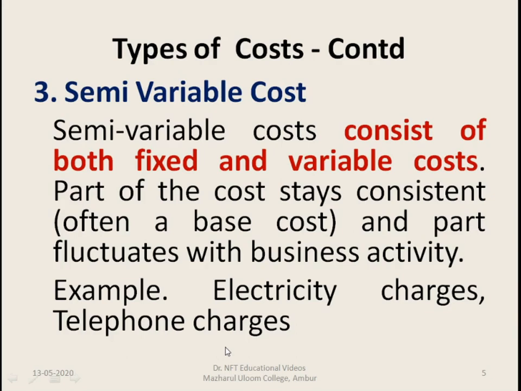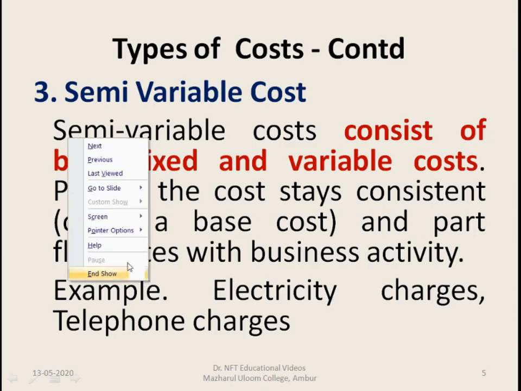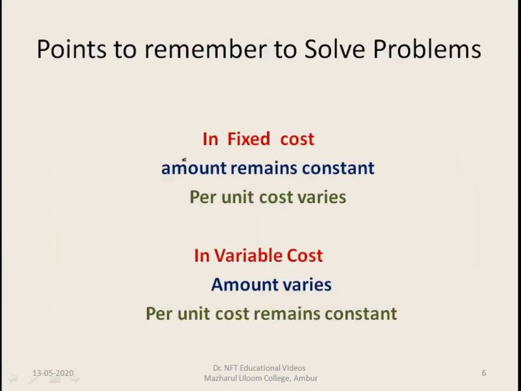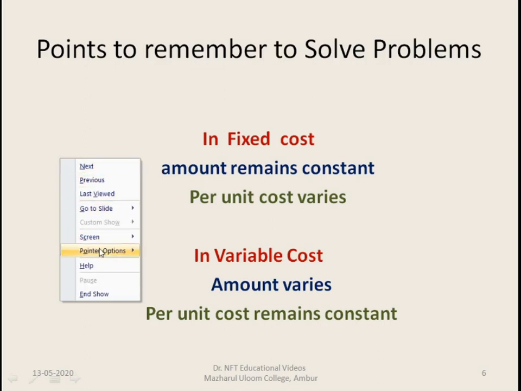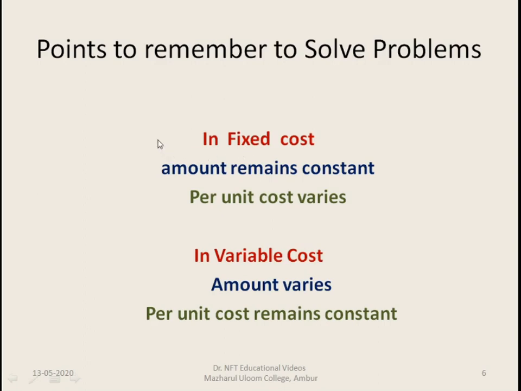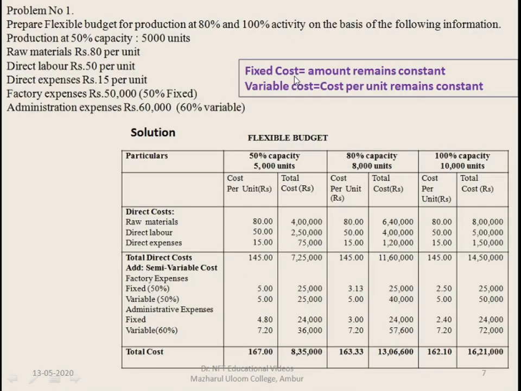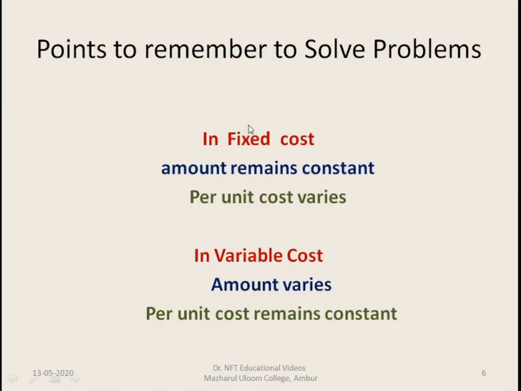So I think you might have understood the different types of cost. These three are the main crux of this chapter: fixed cost, flexible cost and semi-variable cost. Now these are the main points to remember to solve the problems.